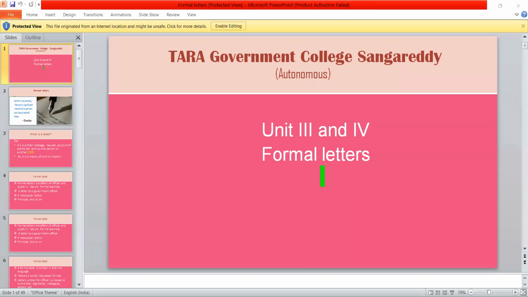You may be doing a job in some multinational company or in a big industry. Still you need to follow formal ways of writing letters and formal ways of addressing people or speaking to people. So very, very important things.